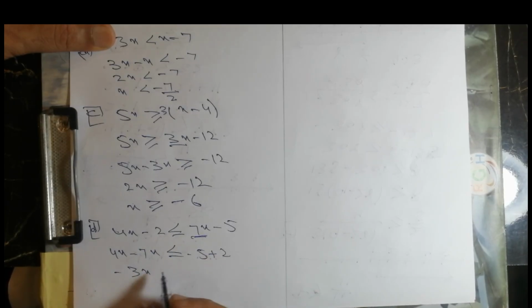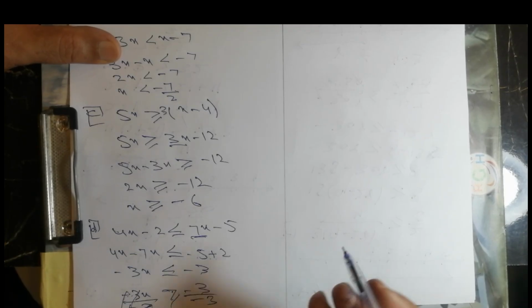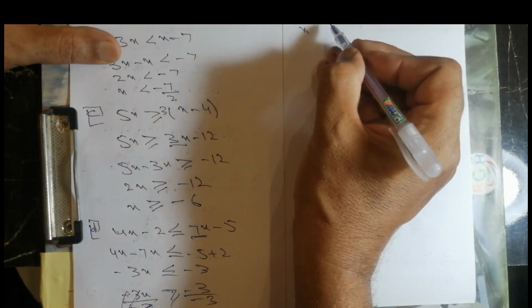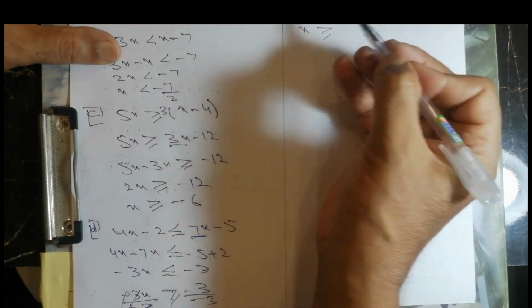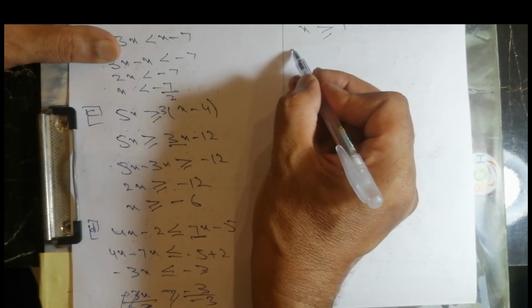Minus 3x less than or equal to minus 3, dividing both sides by minus 3. So minus 3x over minus 3 and minus 3 over minus 3, the sign will flip to greater than or equal to, the minuses cancel, and x is greater than or equal to 1. So this is the answer. Now question number 9.